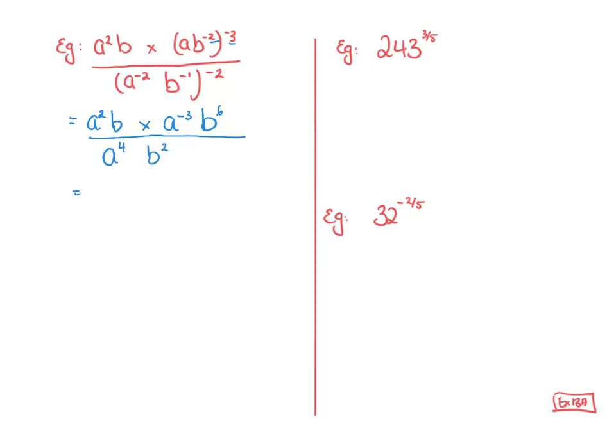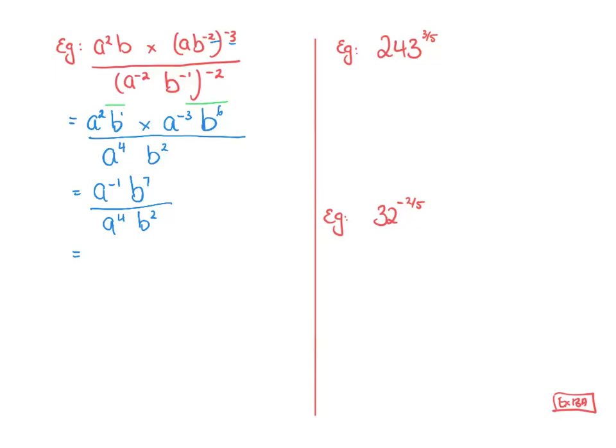Now, it's up to you what you want to do, but I'm going to go across the top. Because we're timesing here, we can add powers of the same base. So I'm going to have a to the power of 2 plus a to the -3, so that's going to be a to the -1, and then b is like a power of 1, so it'd be 1 plus 6, so b is 7, and then I've still left the bottom.